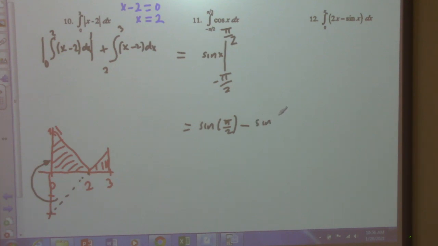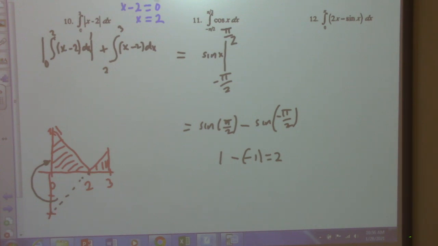Sine of pi over 2 is 1. And what's the sine of negative pi over 2? Negative 1. So what you have is 1 minus negative 1. You should get 2 for that. I hope that's right.